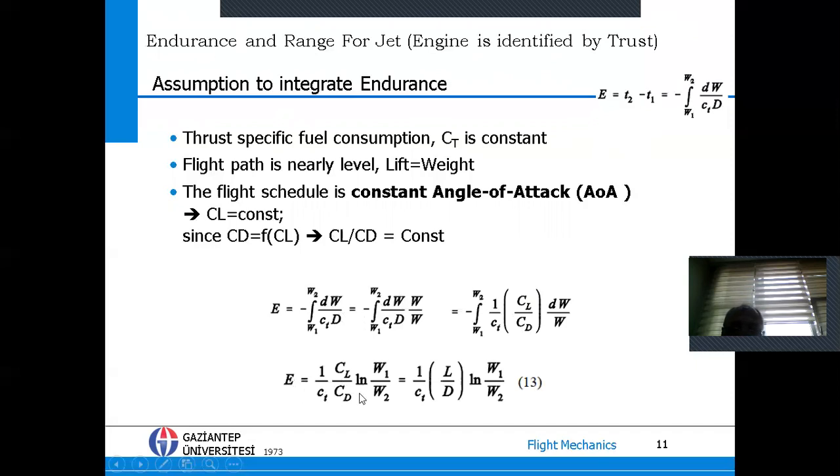So endurance equals 1 over CT, L over D, logarithm W1 over W2. This is the weight at the beginning, and this is the weight at the end. So this is a simple equation to calculate the endurance within these conditions. Be careful, this is correct only within this flight condition or this flight schedule.